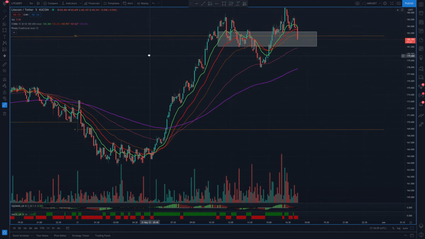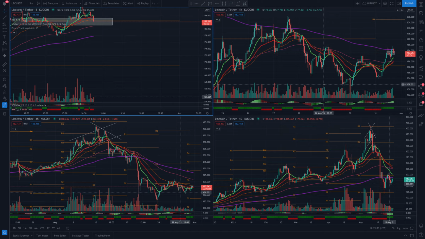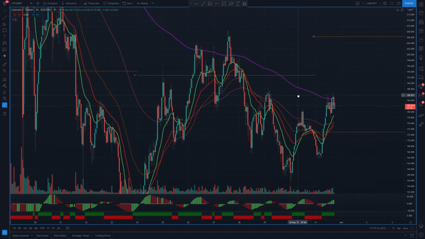Sorry for the sniffles. Right, so yes, let me zoom out and check. On the hour, as you can see, there is a strong bullish uptrend forming.